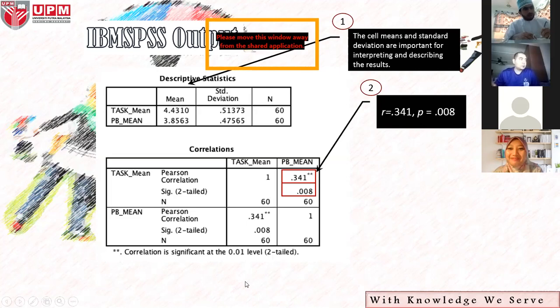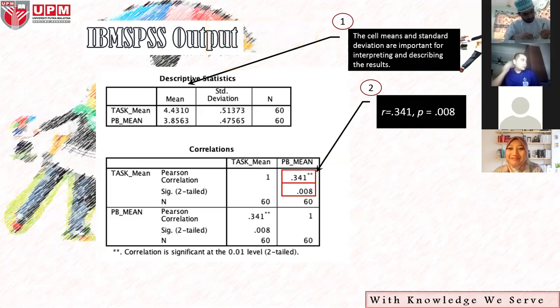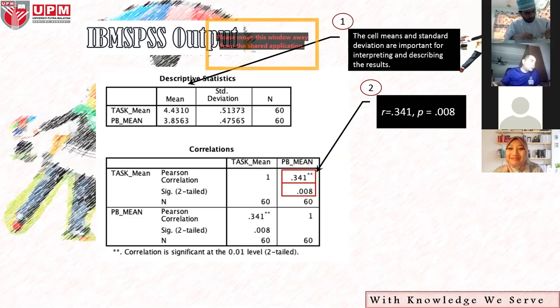Okay, so if there are certain cases where there is only one asterisk, it indicates the result is significant at 0.05.